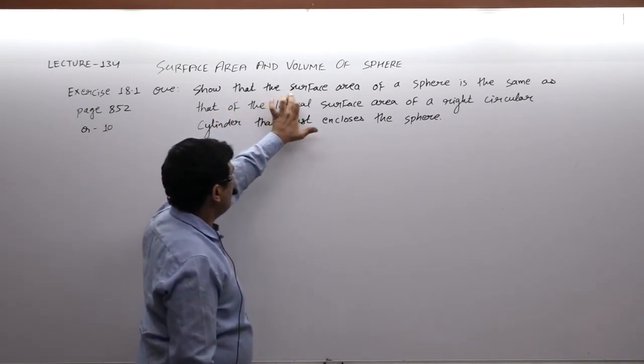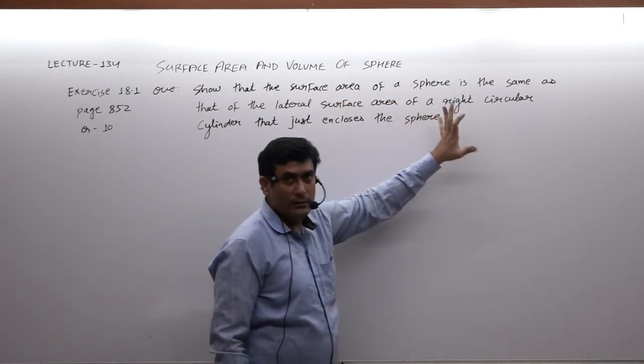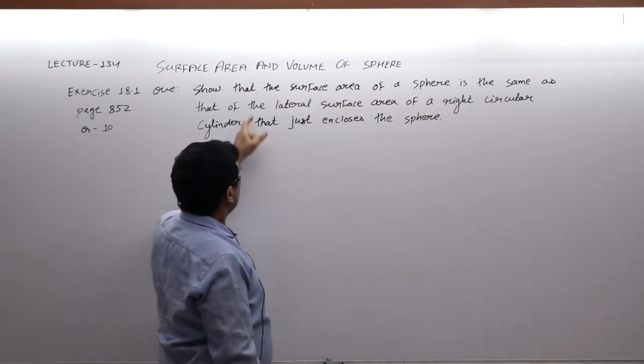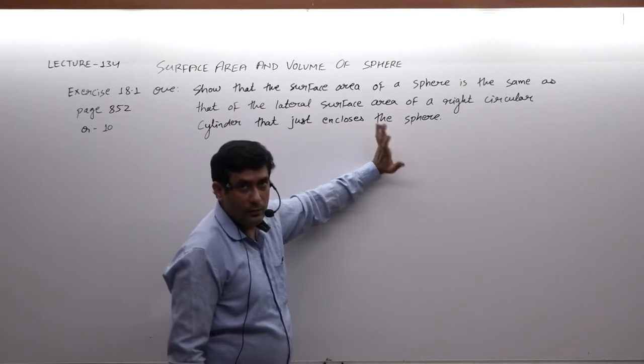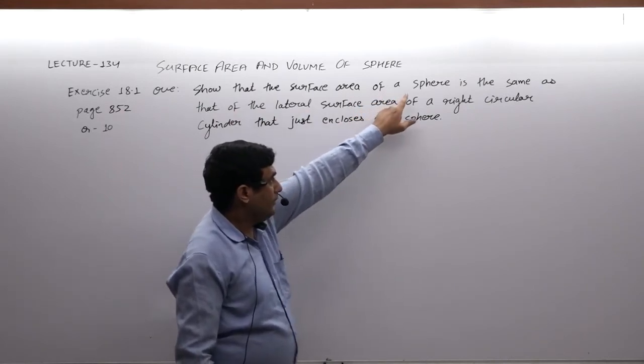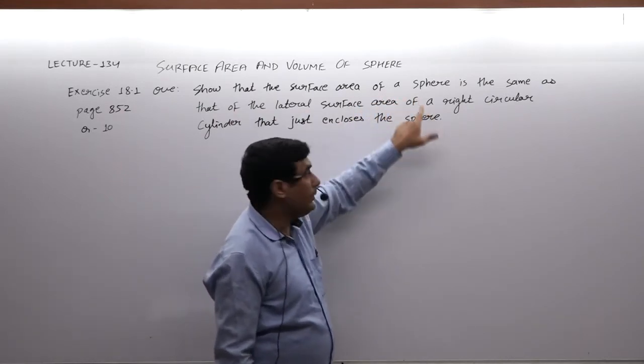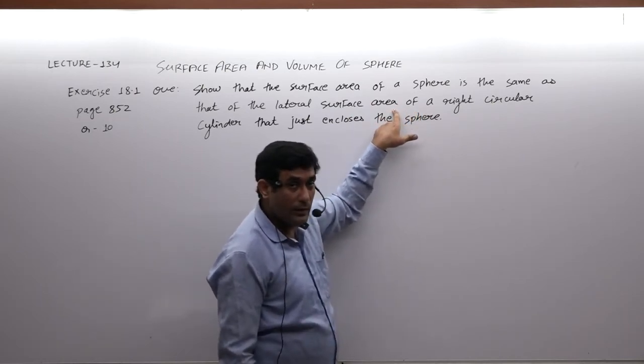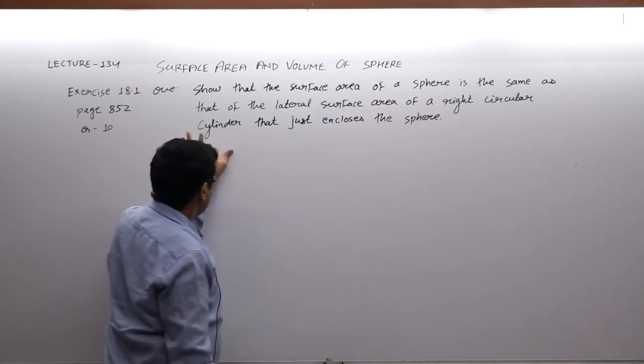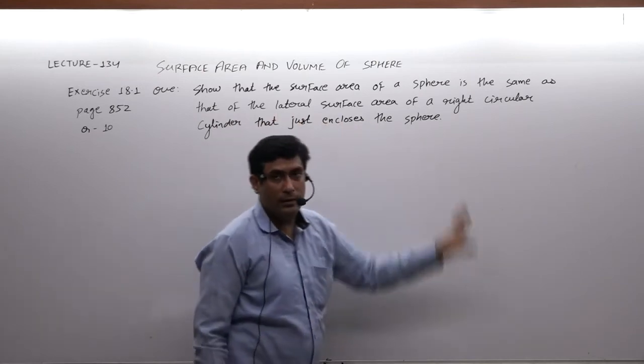We have to show that surface area of a sphere is the same as the lateral surface area of a cylinder. Okay, we have to show that surface area of sphere will be equal to the LSA of cylinder, such that the cylinder just encloses the sphere.